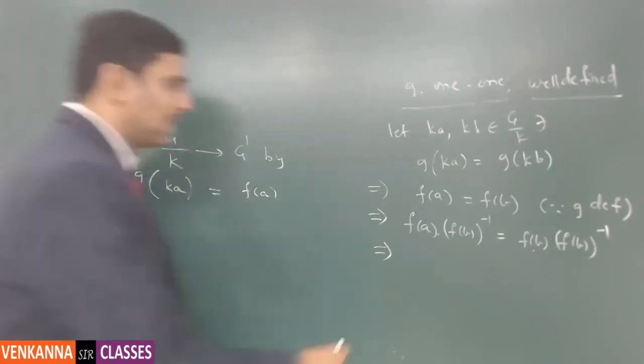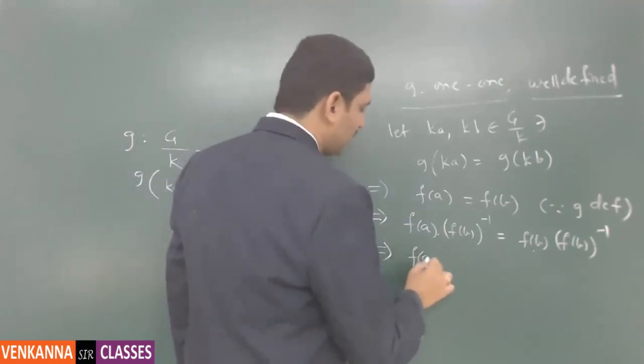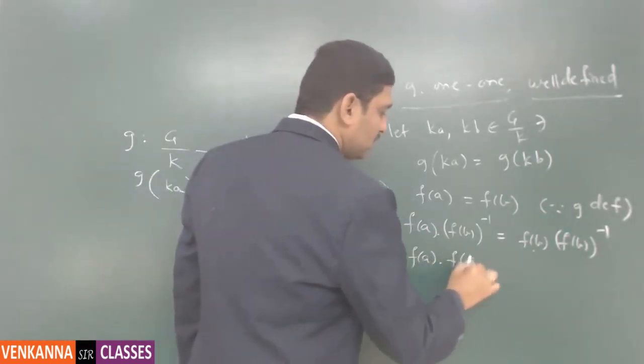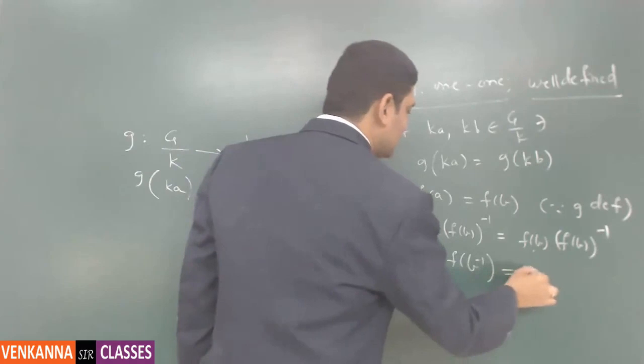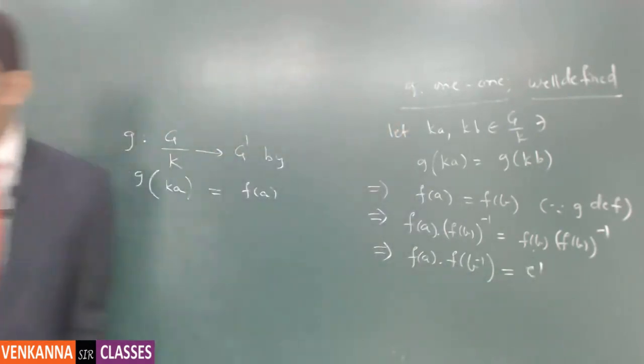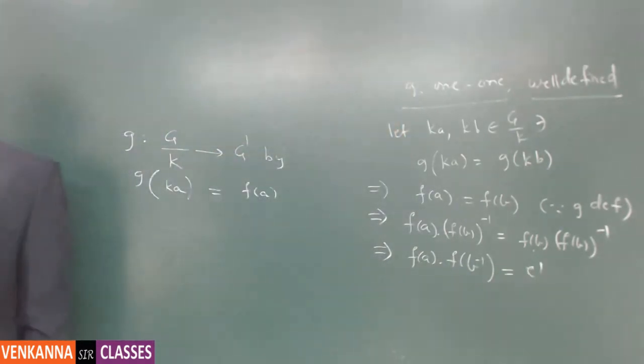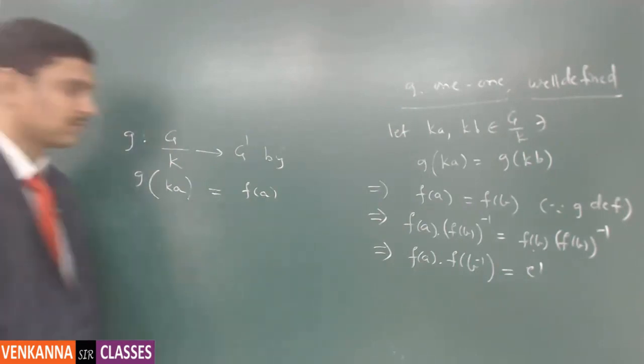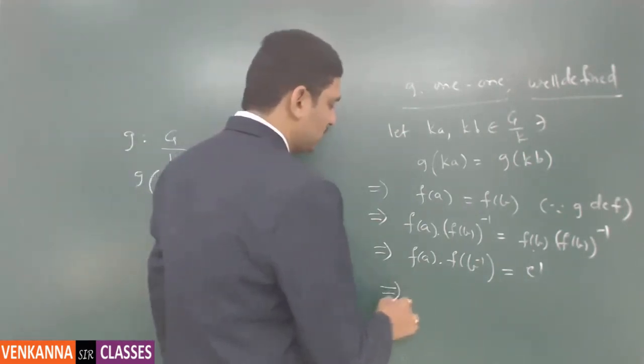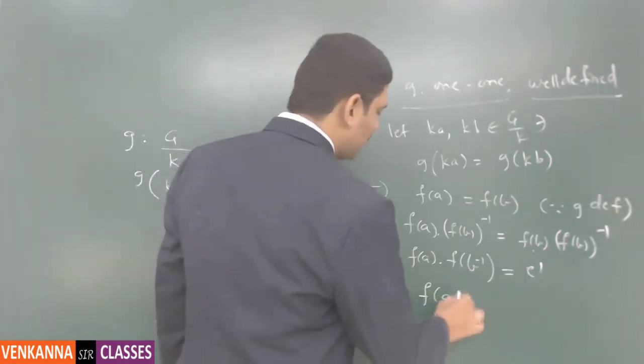On the LHS, you can write f of a dot f of b inverse. This is the identity because you are multiplying an element with its inverse. Since f is a homomorphism, you can write it as f of a b inverse.